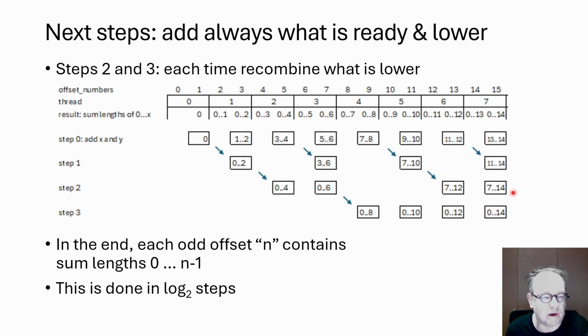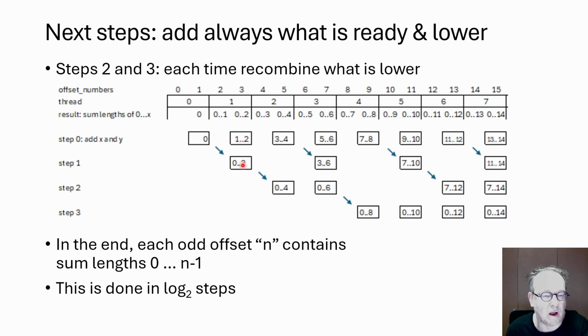Now, how many steps are required to get to that result? Let's have a look. After step 0, we had only one offset ready, being offset 1. After step 1, 2 offsets were ready, being this one, and this one was complete.